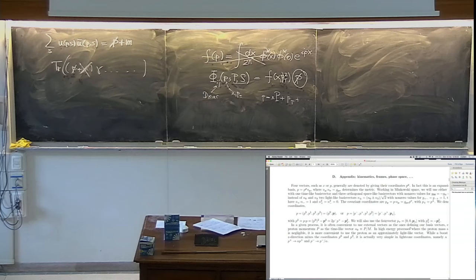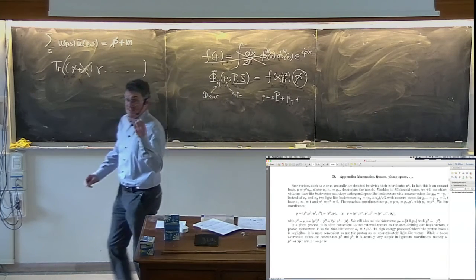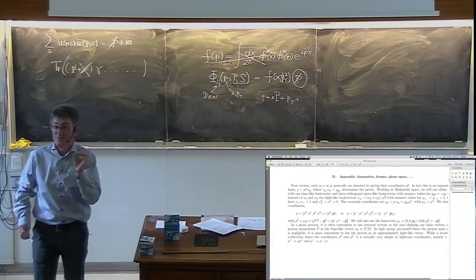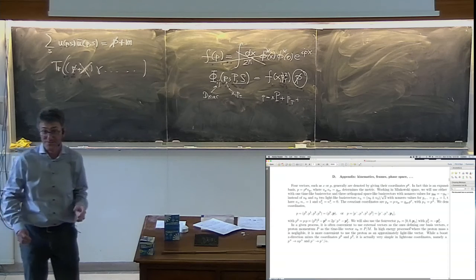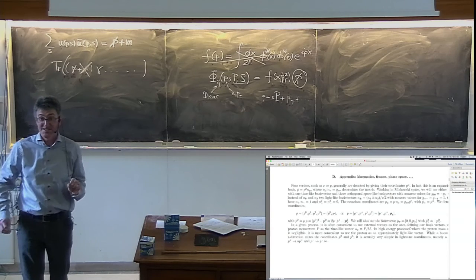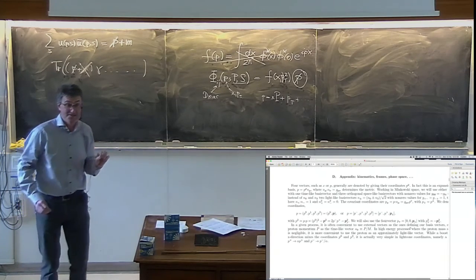Or you can use minus, plus, 1, 2, where plus and minus are defined as n0 plus or minus n3. So that means for the coordinates that P plus is P0 plus P3, and I divide it by square root 2 to get the nice factors. P0 minus P3 is P minus.